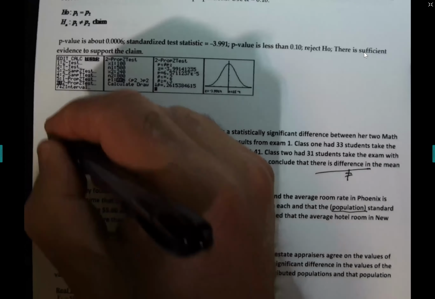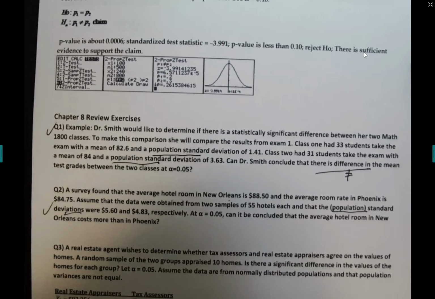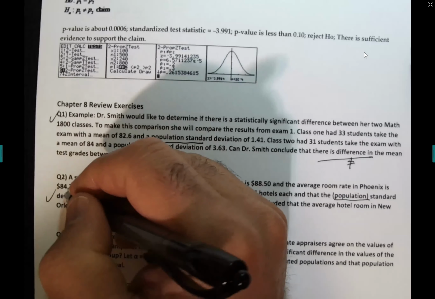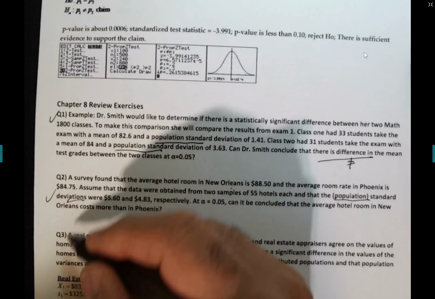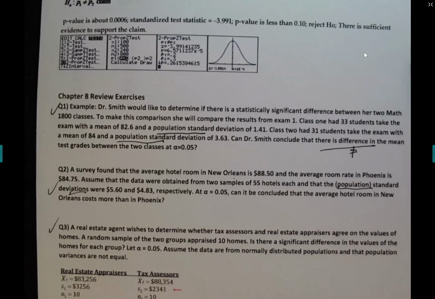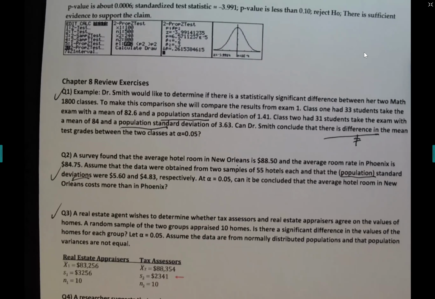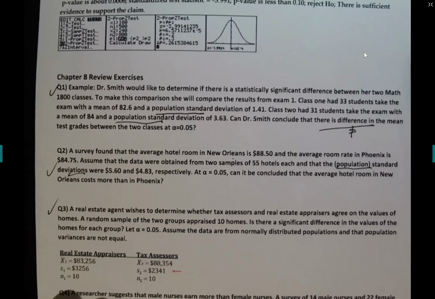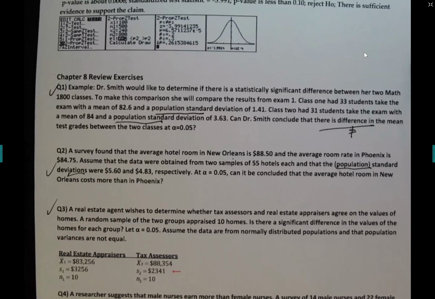We did that. Let's do 3. This is section 8.2 now. Question 3, just to reinforce what you learned, guys. A real estate agent wishes to determine whether tax assessors and real estate appraisers agree on the value of homes.